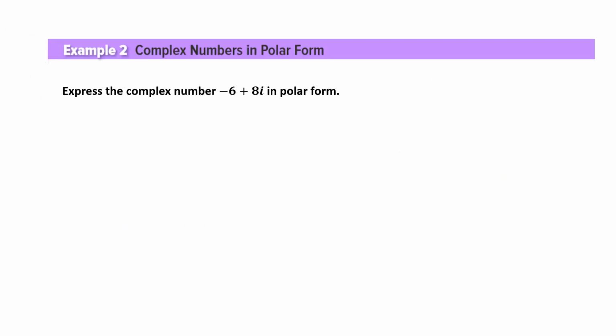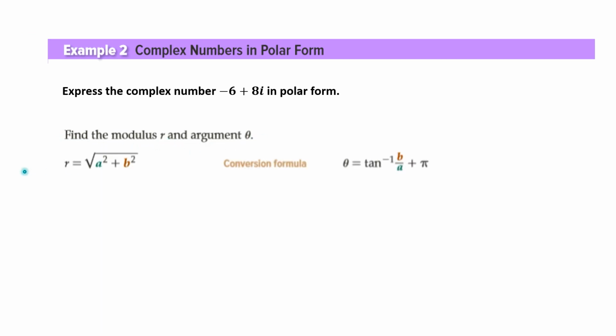Let us now solve an example. Here we need to express the complex number -6 plus 8i in polar form. So to do this, we'll find the modulus r and argument theta. We substitute the values of a and b in the formula for r and theta.